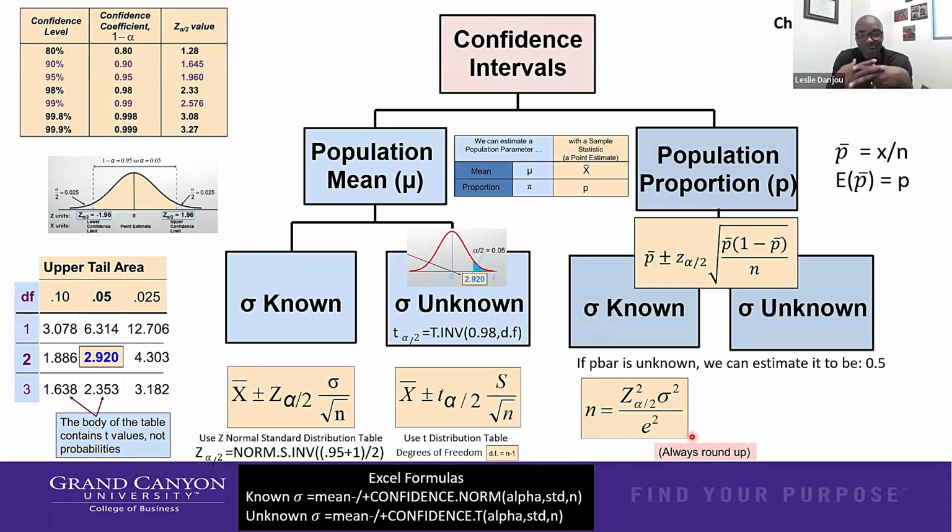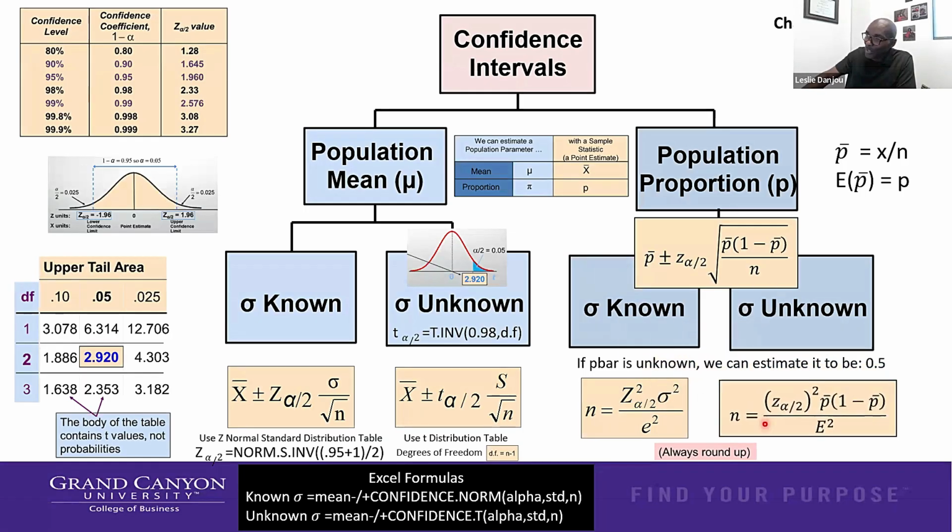For mathematicians, this might be a struggle because you're so used to rounding up at 0.5 or greater. But when we're dealing with sample sizes in business statistics, any decimal places shown must be rounded up to the next whole number in order to encapsulate all possible sample sizes. So note that to self. If you don't know your population standard deviation, we'll use this formula right here, but please be reminded to always round up.